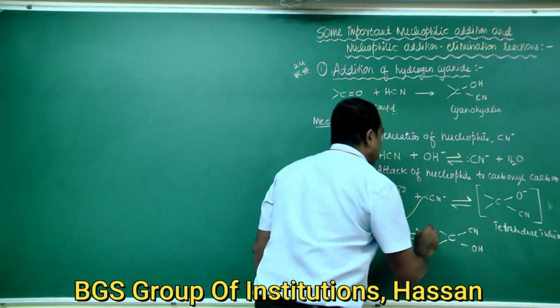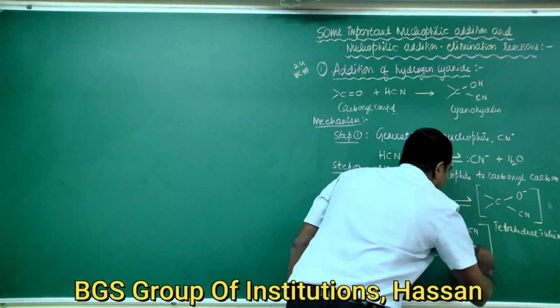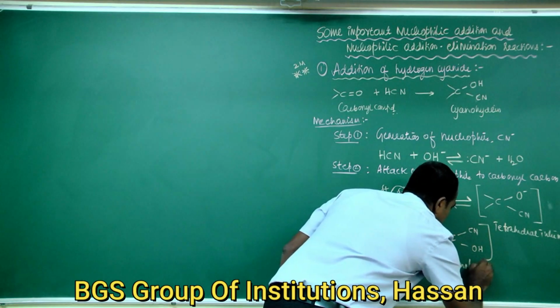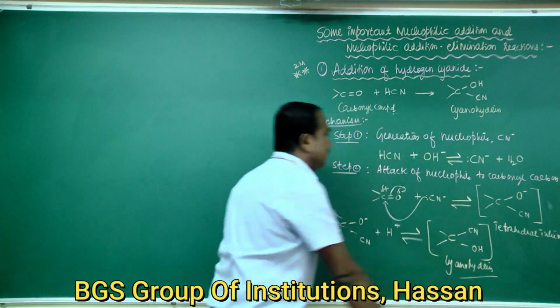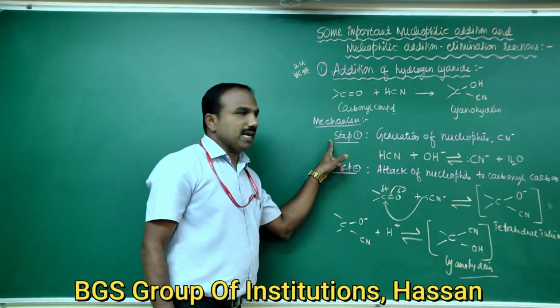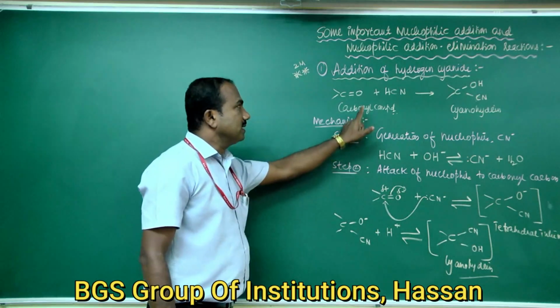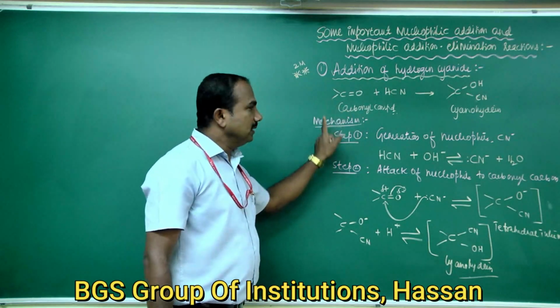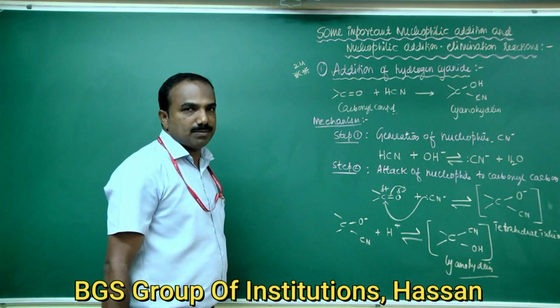This is cyanohydrin. So this is the mechanism of addition of HCN to carbonyl compounds, and it takes place in 2 steps.